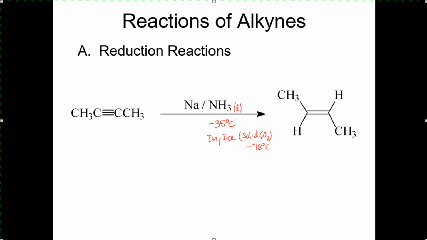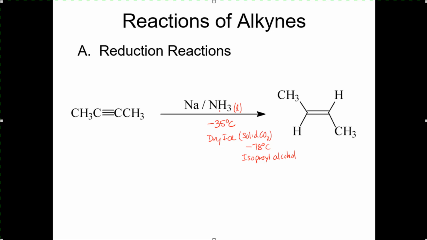Typically what we do is we take that solid carbon dioxide, the dry ice, and we put it in a particular solvent. For instance, if I put dry ice in isopropyl alcohol, which is rubbing alcohol, I can create a slush of about minus 78 degrees. So it's very easy to form liquefied ammonia.